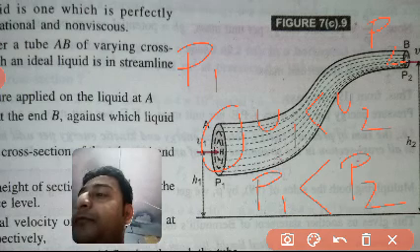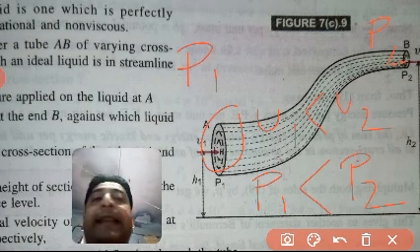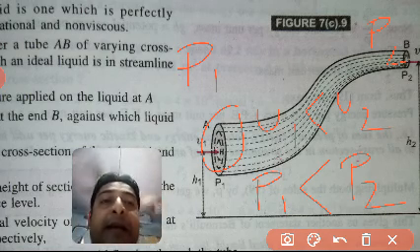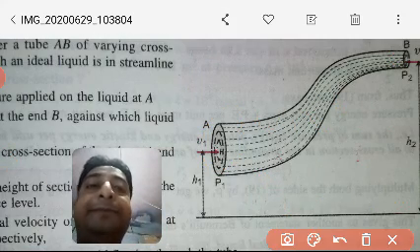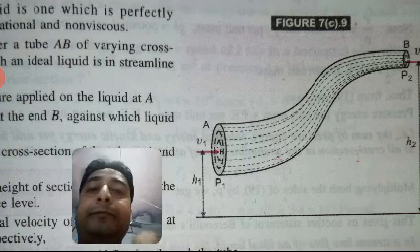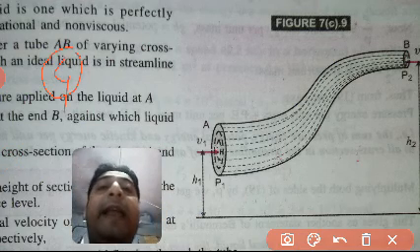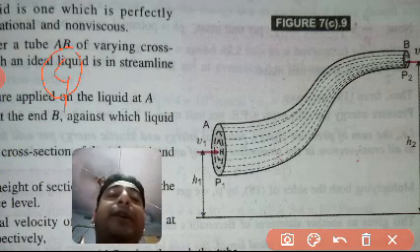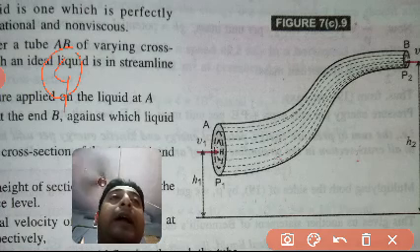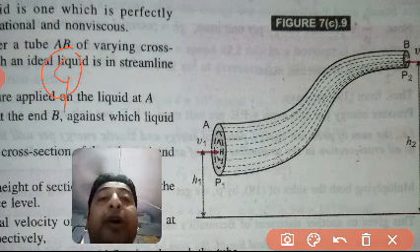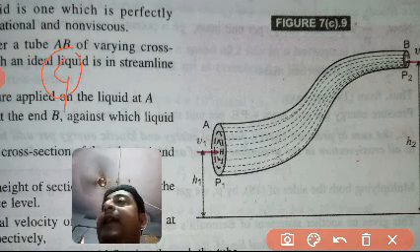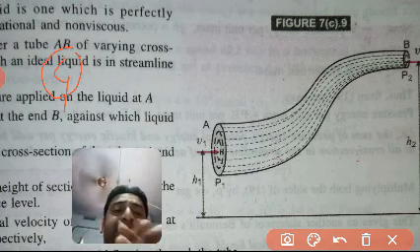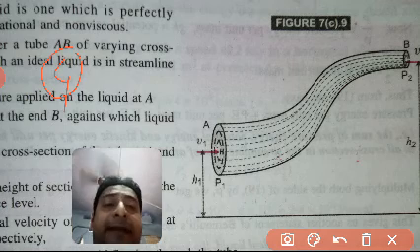Now the fourth question is: explain Bernoulli's theorem on the basis of conservation of energy. So what can you say about that?